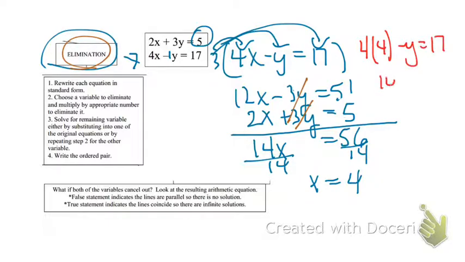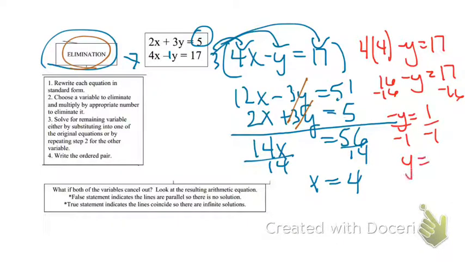So 4 times 4 would be 16, minus y equals 17. Move my 16 over as a negative 16, so I would have negative y equals 1, but of course we can't leave that y negative, so divide it out, and I get y equals negative 1. So again, we ended up with a solution of 4, negative 1.